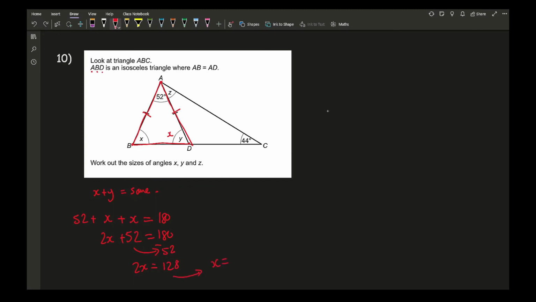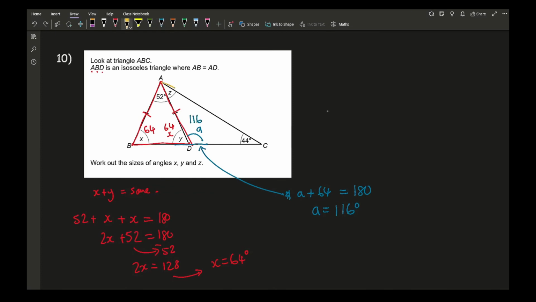So X equals 64 degrees. So these two angles here are going to be 64, and that's going to be 64. Now looking at this angle here, I know that angle Y and this angle, which I'm just going to call A, lie on a straight line. So A plus 64 equals 180. So A is going to equal 116 degrees. So this angle here is 116.